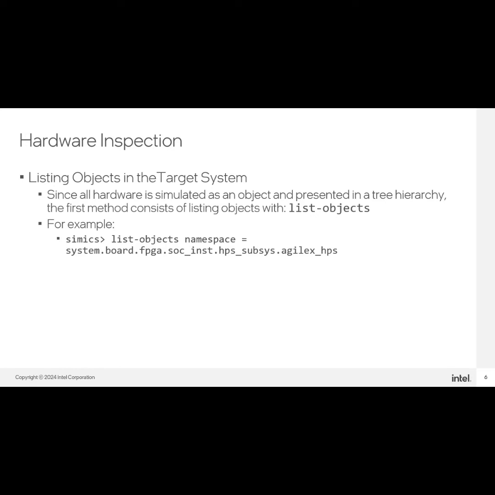You can inspect the objects under system.board.fpga by entering list-objects namespace=system.board.fpga, for example. This would return a list of all objects. The output list can be long since it would display the whole list of objects that are part of the namespace.